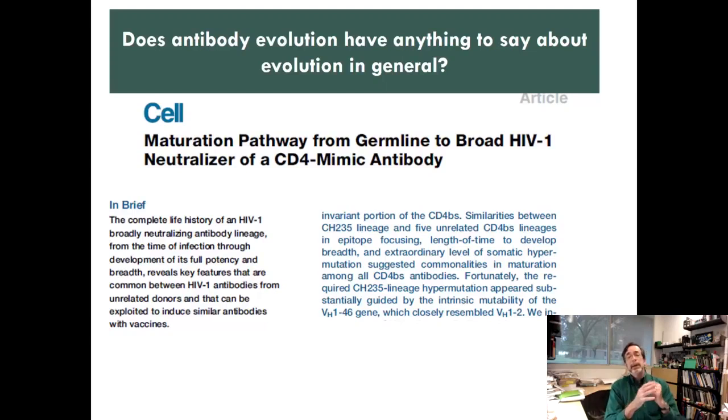Here's another paper that would be interesting if somebody wants to look into it. If you ever want to talk about an evolution paper, you can say, well, what can I talk about? Antibody evolution. It's different than Darwinian evolution. It's directed and designed in a certain way. But it does have some things where, if you look right here, there is an intrinsic mutability of a particular VH gene, which closely resembles another VH gene.